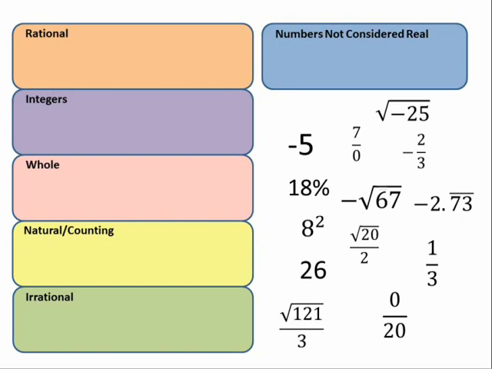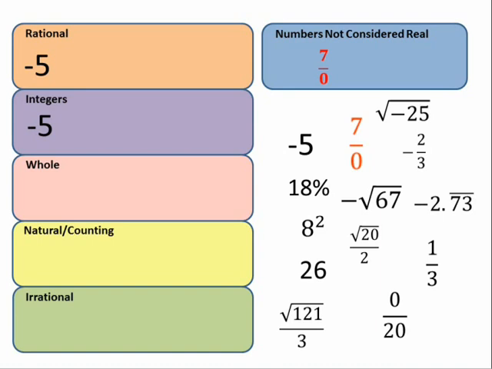So let's practice and see if we can classify the following numbers. Remember that some numbers will be placed in more than one category. -5. -5 is an integer and also rational. 7 over 0. Because 0 is in the denominator, 7 over 0 is a number that is not considered real.